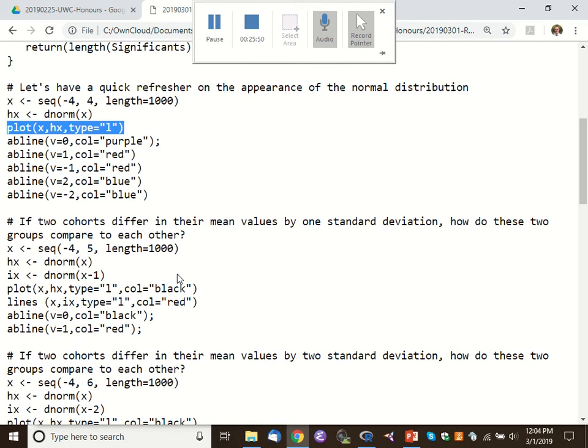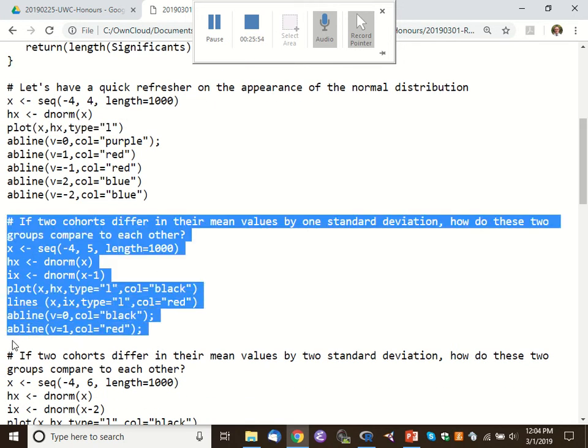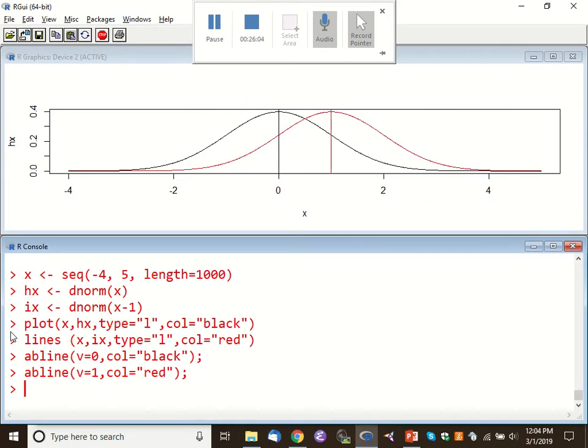However, you might instead have a plot like this one. Now we're going to shift to using black and red to represent our two cohorts. So I'm going to copy this next section in. All right. So something has changed, right? We now have two normal distributions because they're distinguished from each other. The black one and the red one are separated from each other.